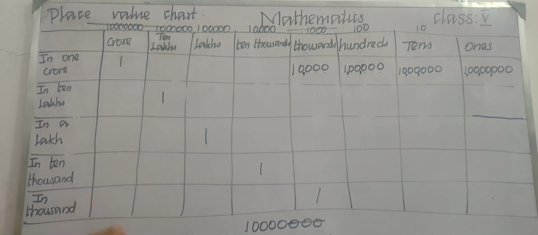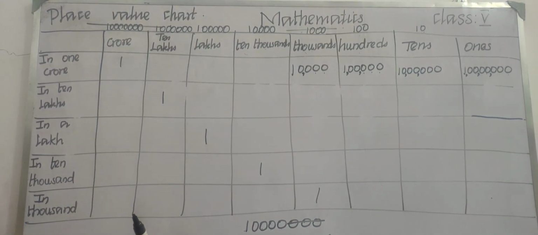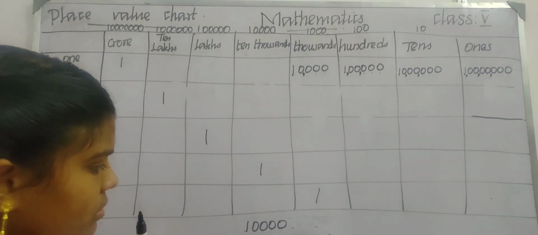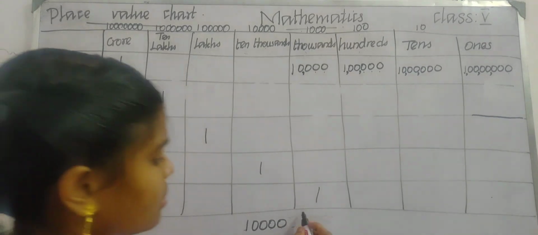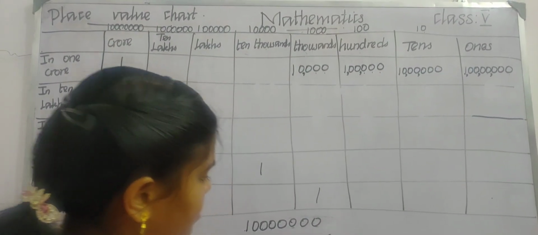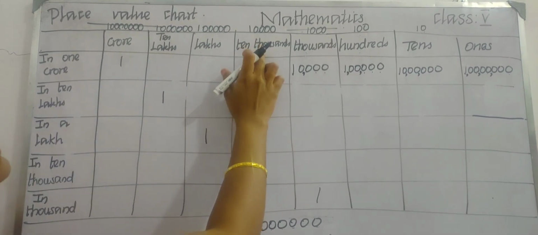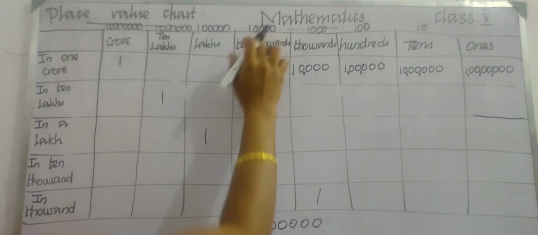So let me teach you like this. It is 1 crore. We need to find how many 10,000s are there in 1 crore. So just put 10,000 here.